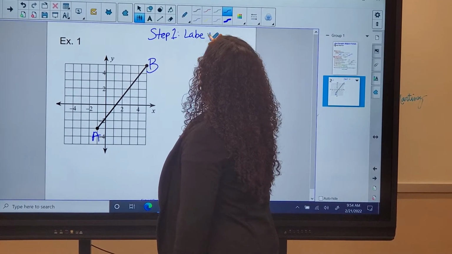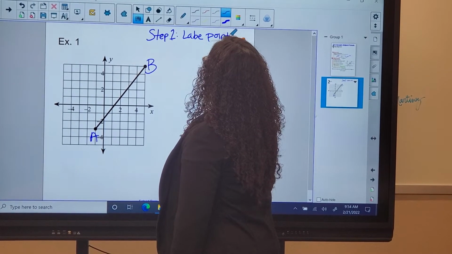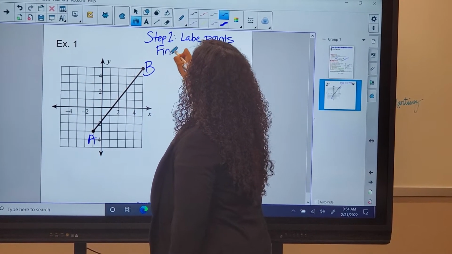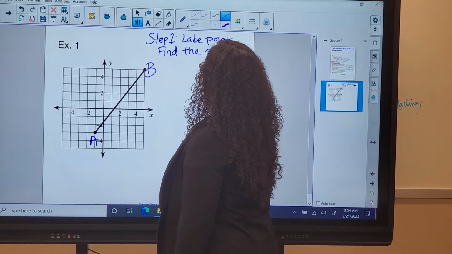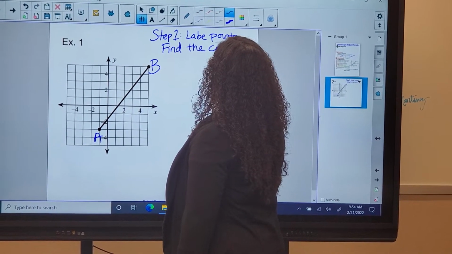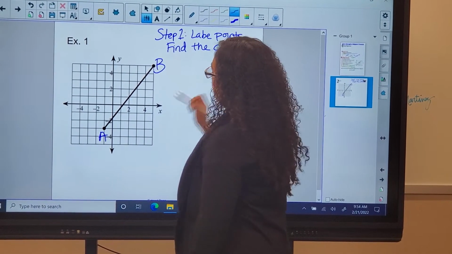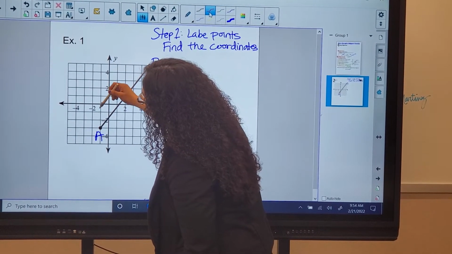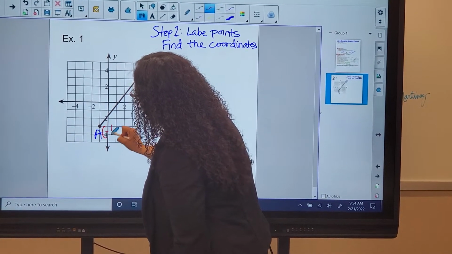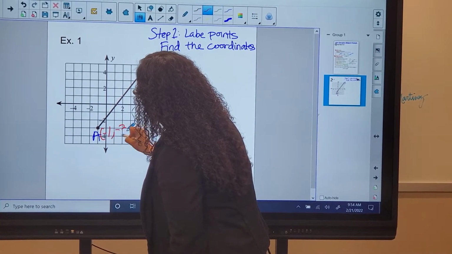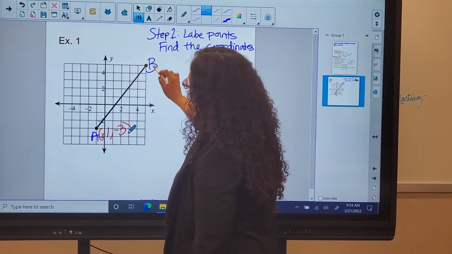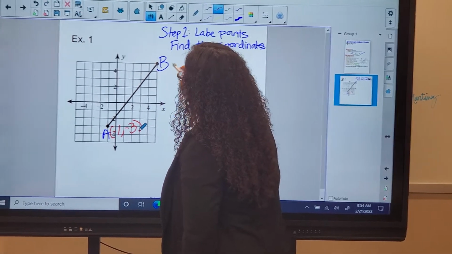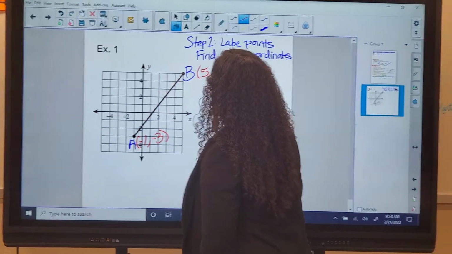Then we're going to find the coordinates. Right here for A, the coordinates are -1, -3. And for endpoint B, it's 5, 5.